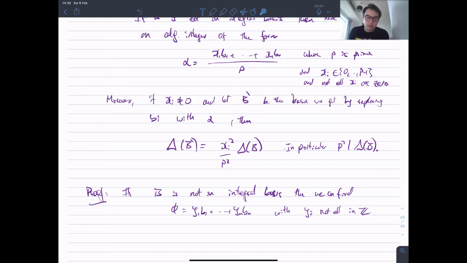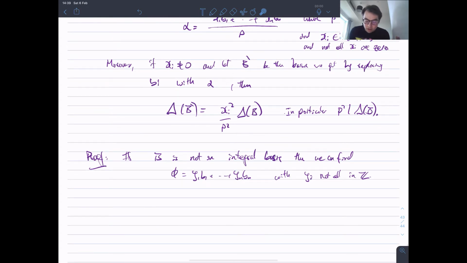But we're assuming that we don't have an integral basis, so we should be able to find one element where the yi's are not all integers. Great.